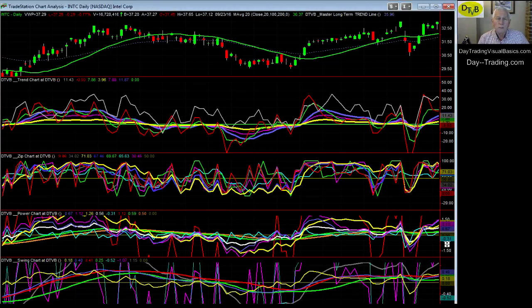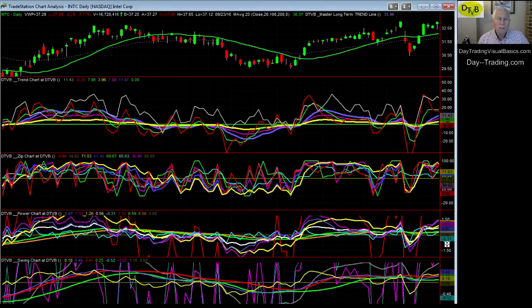However, oftentimes when swing blue crossed over swing green, it is a weak start to an uptrend. Not always, but oftentimes it's a weak start. Also, while I'm at it, swing yellow moves faster than swing blue, and swing yellow crosses over swing green and red sooner than swing blue.